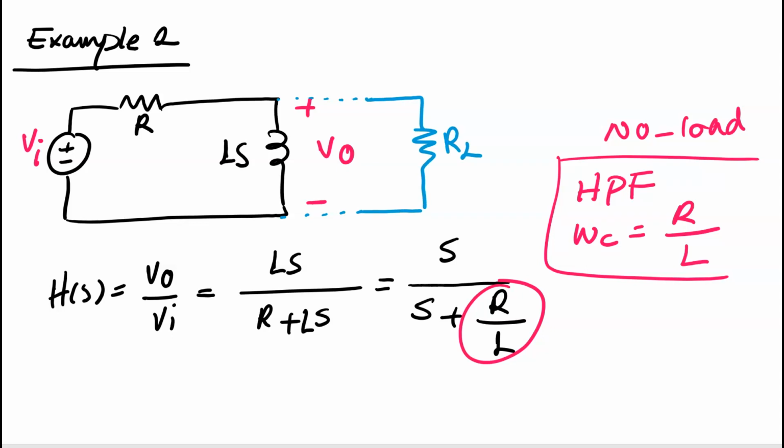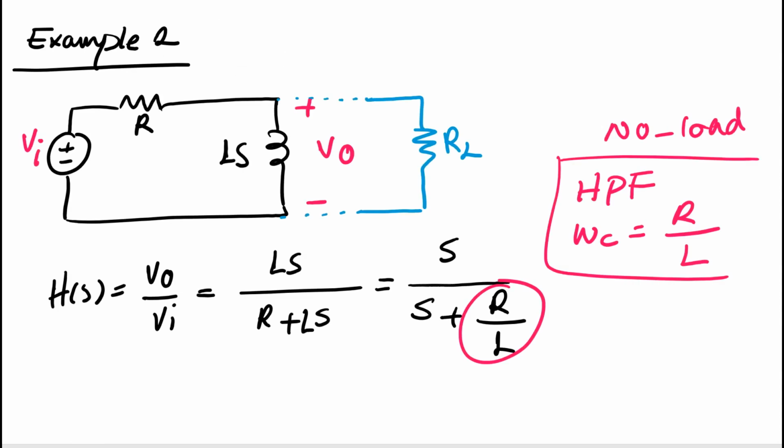This time, the loaded scenario is not going to be as easy as the previous example because it's going to be more difficult to merge the resistor and inductor. So what I have to do is figure out what my transfer function is in the situation where I have a load attached to my output with this circuit, which is this circuit.